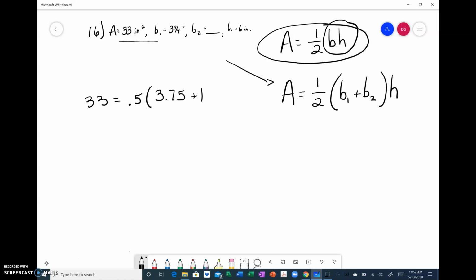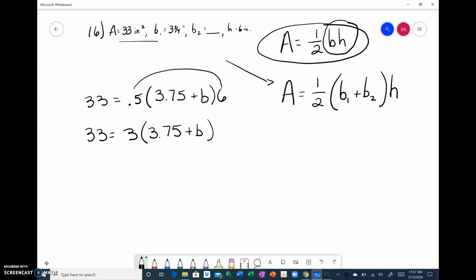Plus, I don't know B2. Now, I'm not going to put the 2 because that doesn't really matter. It's just telling you that there are two bases times a height of 6. Okay. Now, without the calculator, I can do 1/2 of 6. So I have 33 equals 3 times this thing that I cannot combine because I have a variable and a constant.